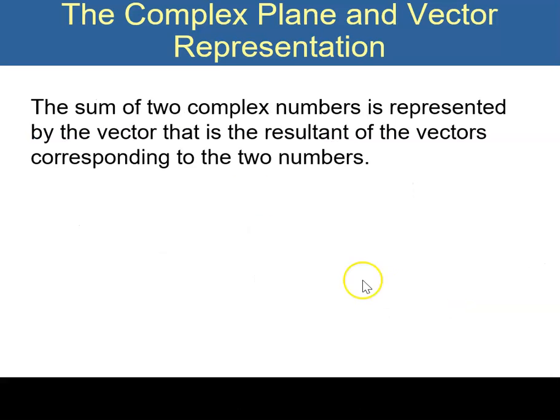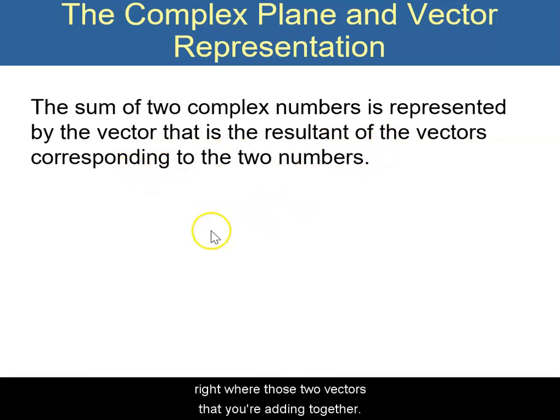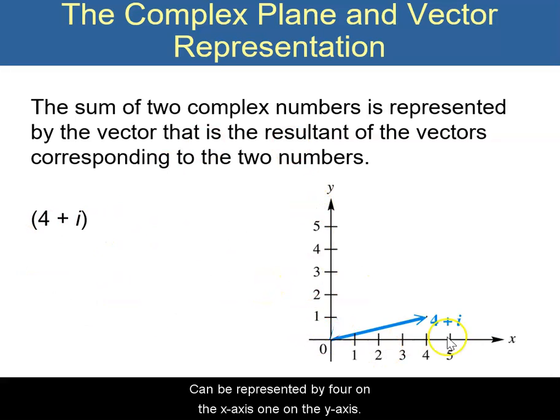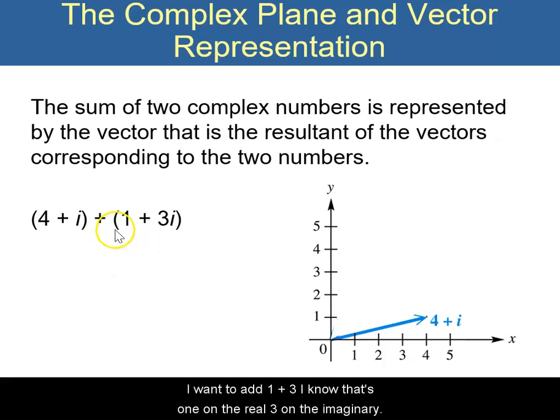Okay. So the sum of two complex numbers is represented by a vector that is the result of adding two vectors together, right? Where those two vectors that you're adding together are representations of the two complex numbers you added together. Okay, so 4 plus i can be represented by 4 on the x-axis, 1 on the y-axis. If I want to add 1 plus 3i, well, that's 1 on the real, 3 on the imaginary.